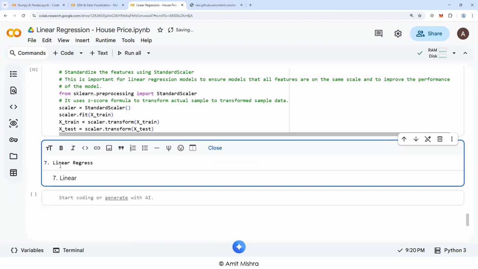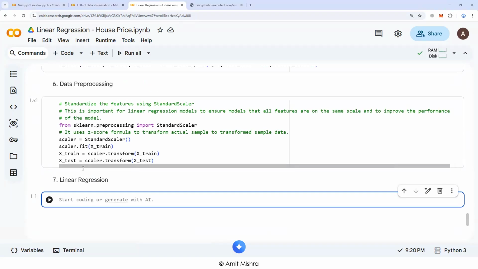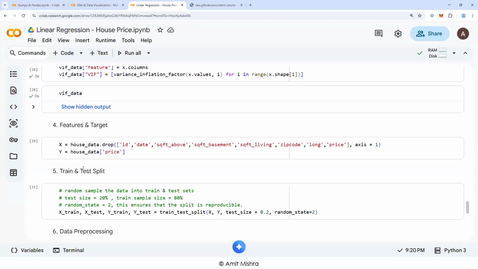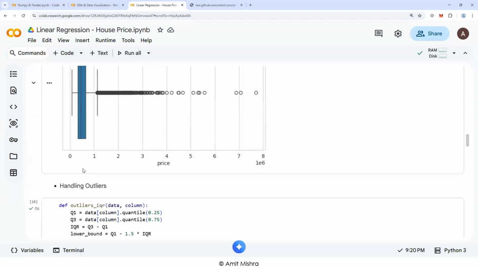Now let's go for linear regression finally. Now we are ready to implement the model. So see, the point of machine learning training is not only learning how to train the model; 80% of the time is spent on data preparation, which we have done.